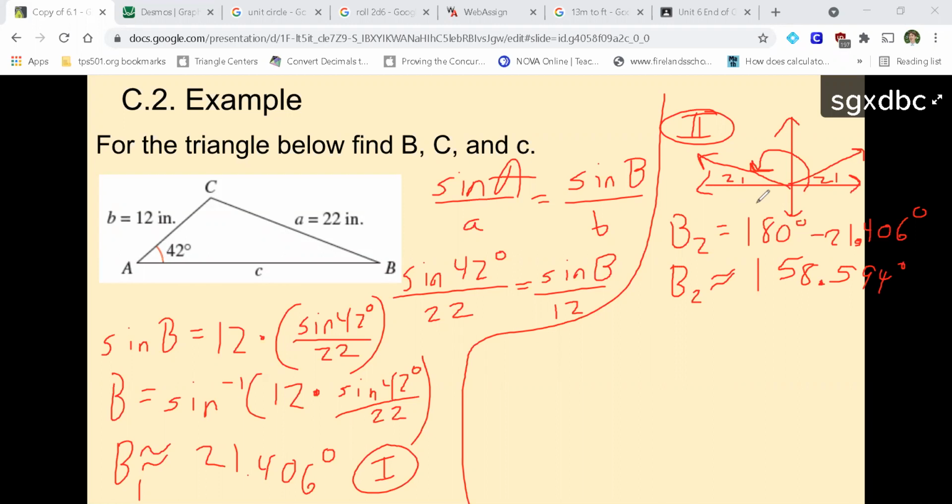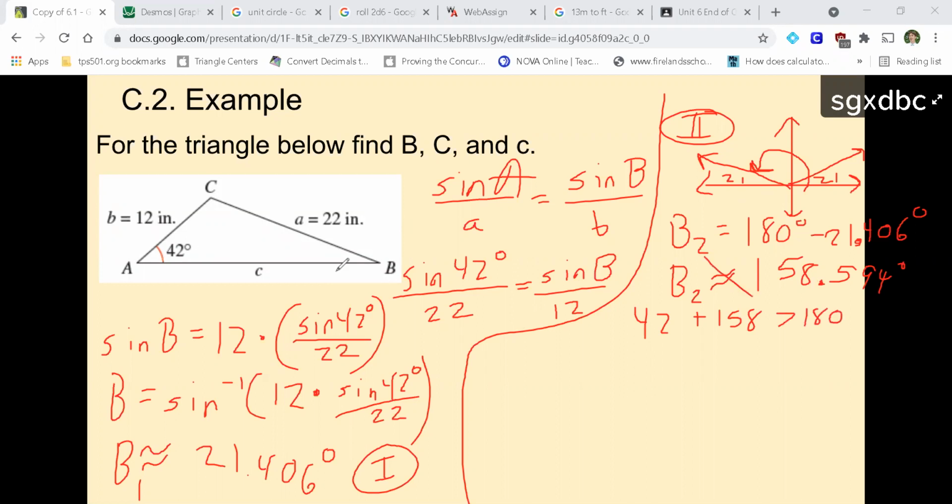But that other solution may not always work. Could our B value actually be 158 degrees? No, it couldn't. Because if you add A and B together, 42 plus 158, that's more than 180.